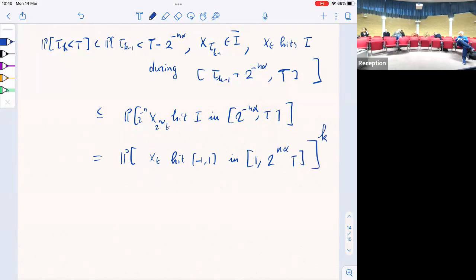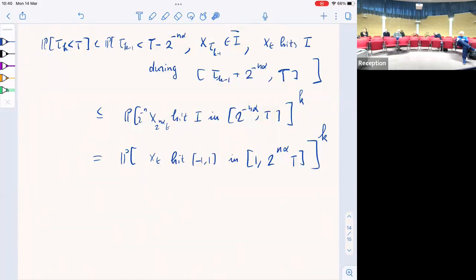Okay, eventually to the time k by recursive arguments. And what we can do is, okay, I'm a little bit short on time, so probably I will not give the full detail.